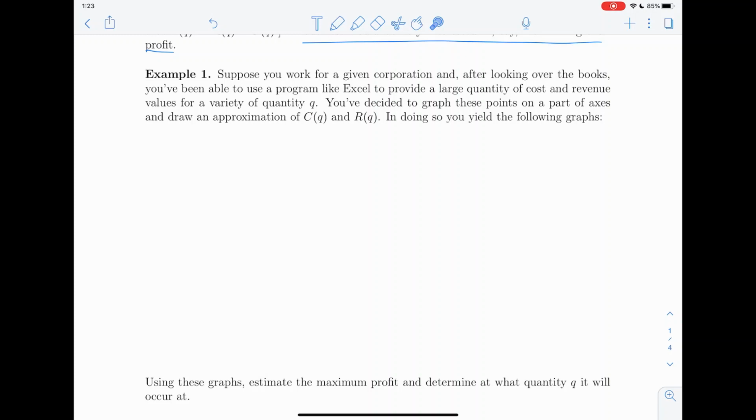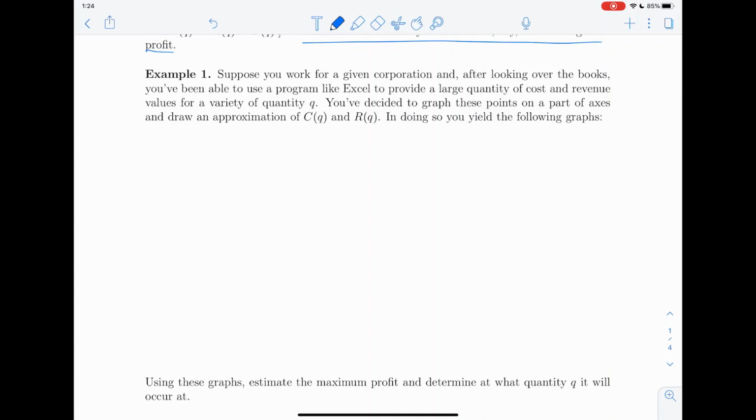This is more or less how different corporations actually function. You have a huge data set, and then you can plot them as points on a Cartesian coordinate plane, and then you can connect the points in some sort of continuous way to produce cost and revenue functions. So suppose you're given something that when you go through this process, you end up yielding something like this.